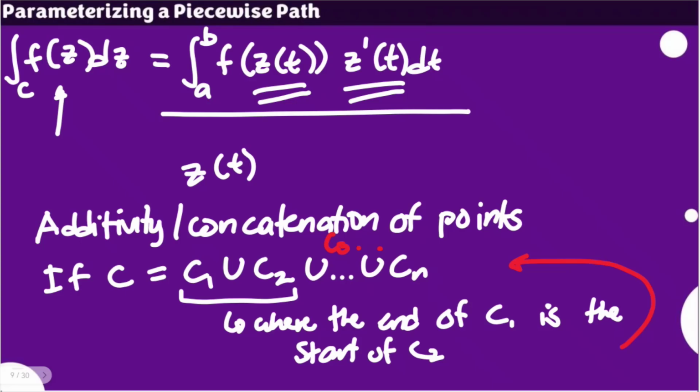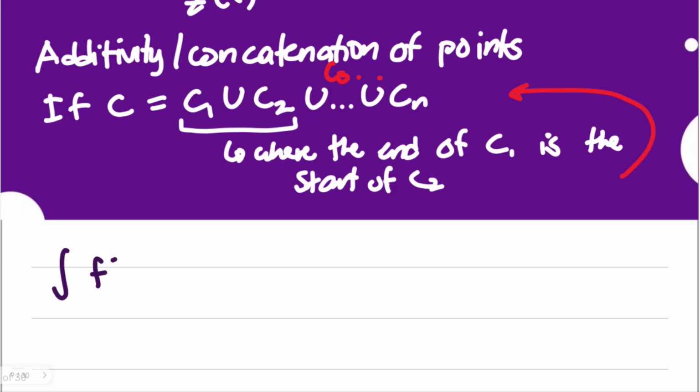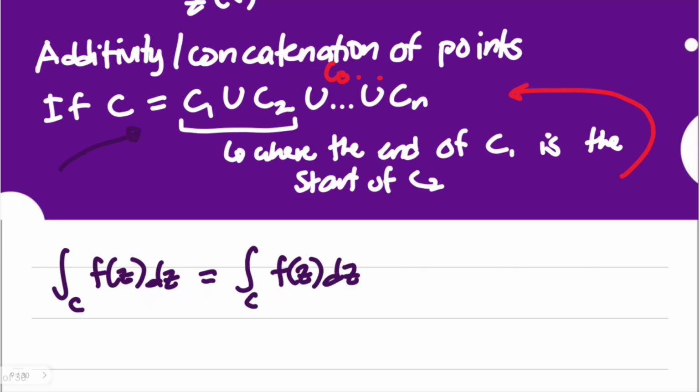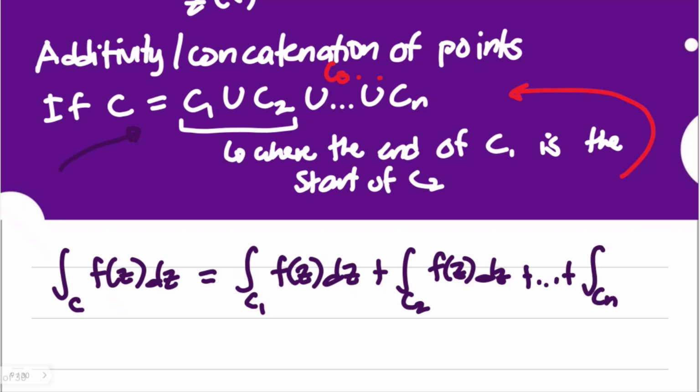In this case, if we have the integral of f of z dz along path C, and we know C is the union of all, it is just equivalent to the integral of f of z dz for your first path C sub 1, plus the same function for your second path, until you reach, of course, your C sub n path. Again, this is the additivity property for our complex integral.